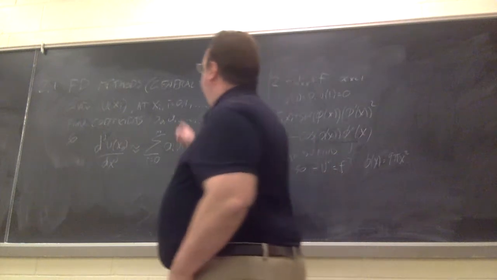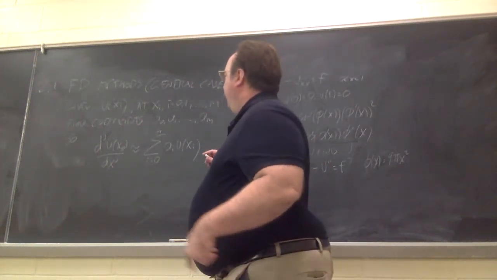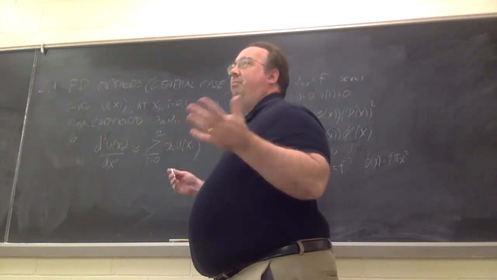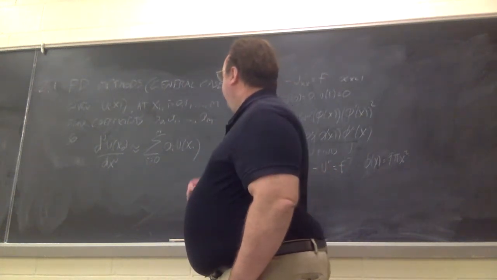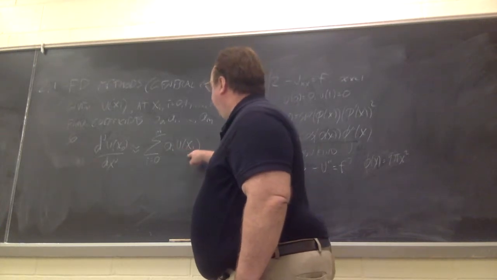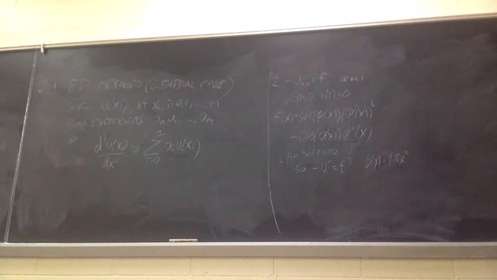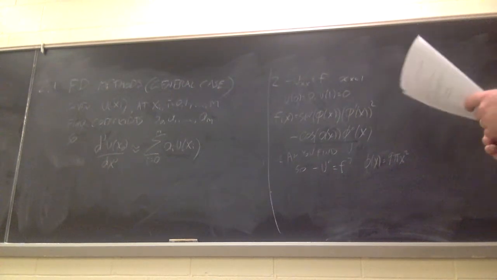So we have n plus 1 points that may or may not be equally spaced, although in most applications they will be, the x values. So what are the n plus 1 coefficients we can use to linearly combine these values so that no matter what u is, we have a decent approximation of whatever derivative of u we're seeking? It could be first derivative, second derivative, whatever.